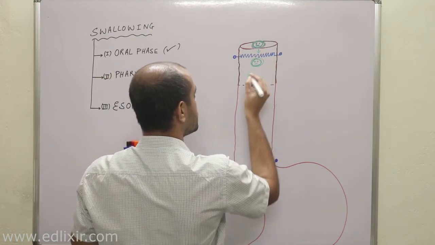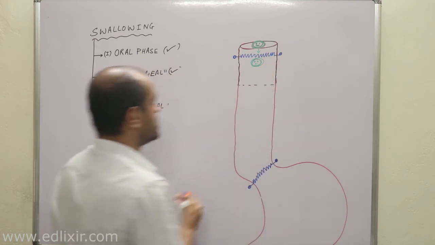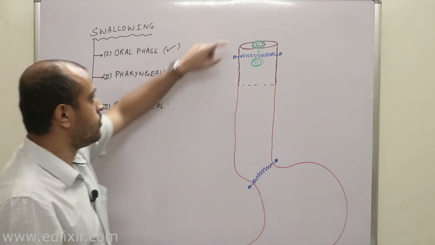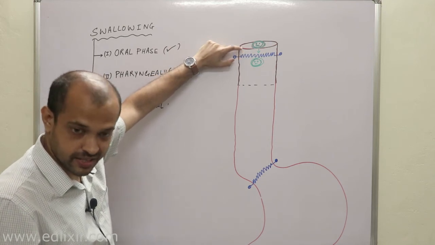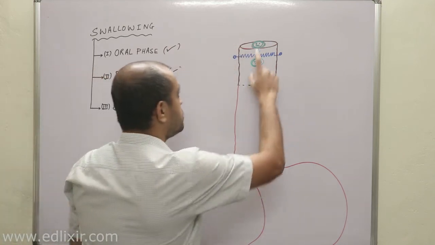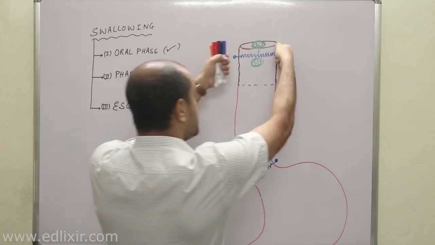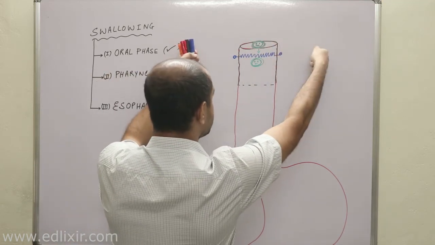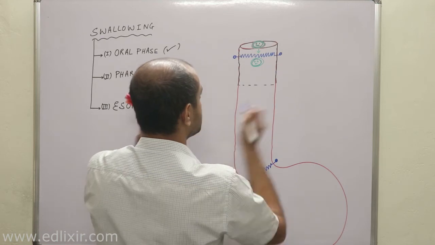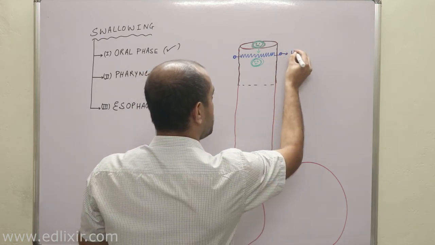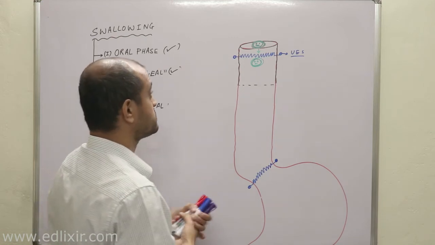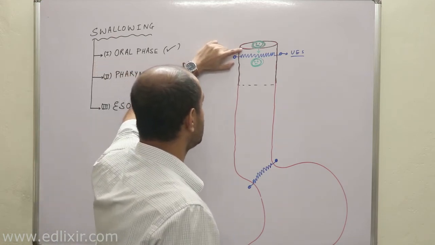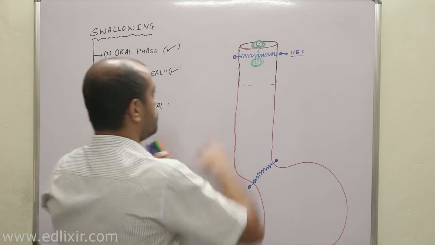Clear? That means whenever the food bolus is entering the esophagus, this spring relaxes. This spring is actually not a spring, this is the upper esophageal sphincter, right? Now this upper esophageal sphincter relaxes, and the food bolus enters.